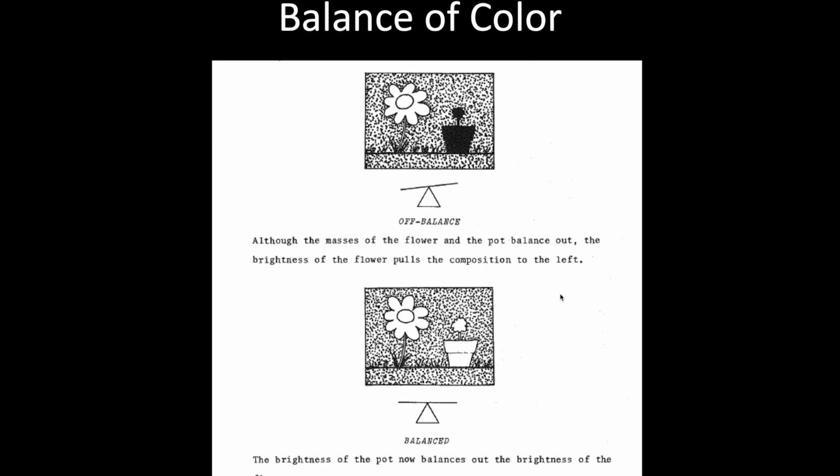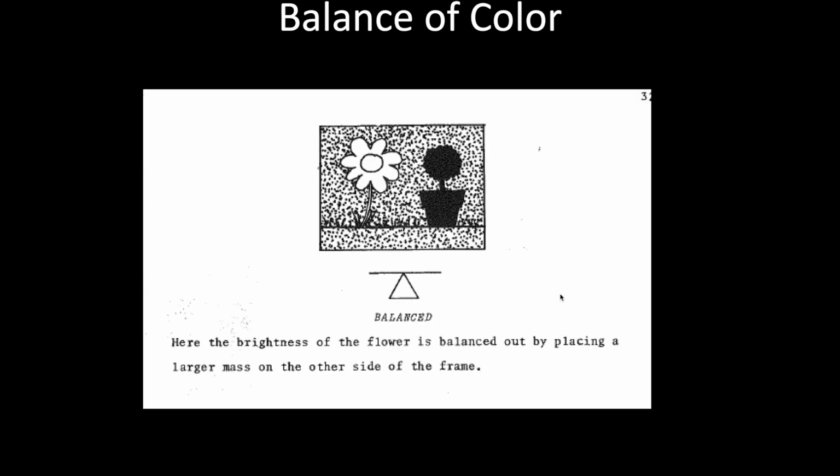Now, if on the other hand, both items were yellow and the same color, then these would be balanced out, so balance of color. Now, if the brightness of the flower is balanced by placing a larger mass on the other side of the frame, it doesn't matter if they're different colors, but the masses are balancing out, so balance of mass.